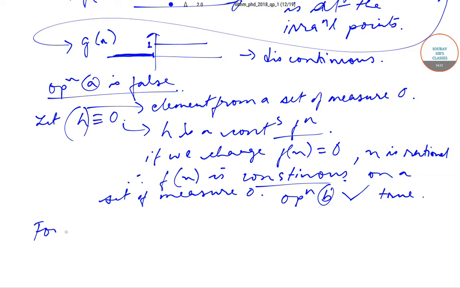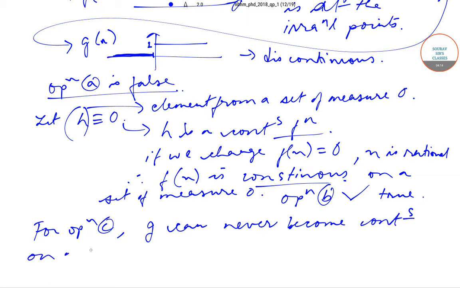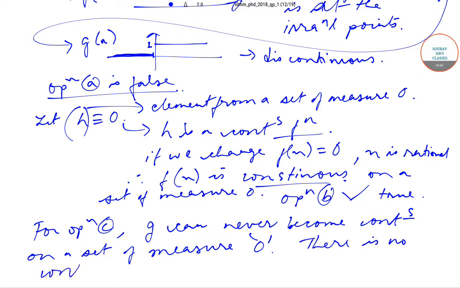For option C, we can see that g can never become continuous on a set of measure 0, since there is no continuous function h such that g is equal to h almost everywhere.